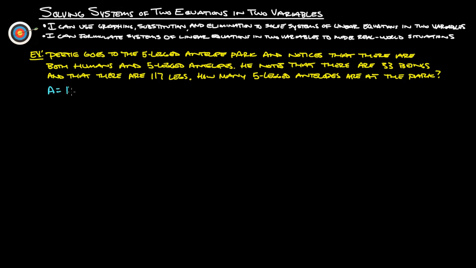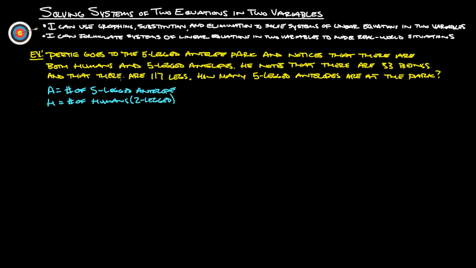A equals the number of 5-legged antelopes, and then H will be the number of humans. And I guess we're going to assume that those are all 2-legged to make this problem work out, right?